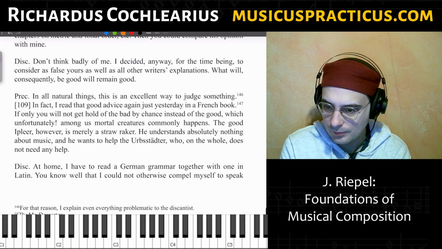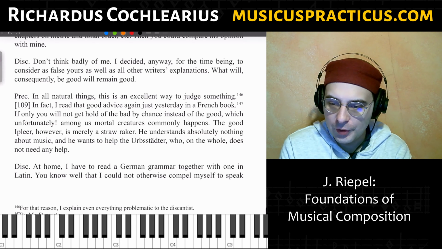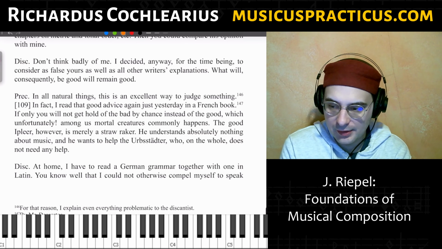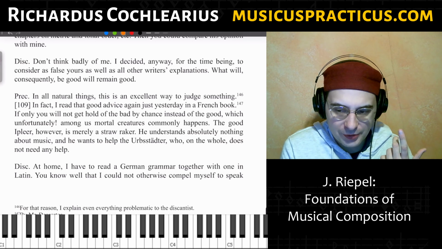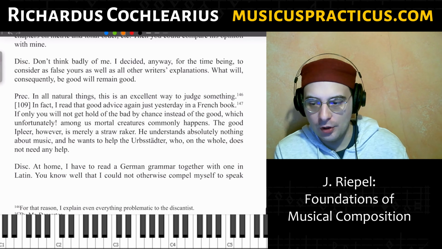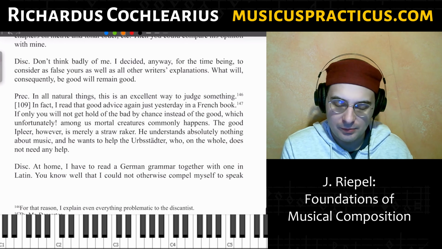Absolutely. Go ahead and read me the phrase. Okay. So the phrase is, if only you will not get hold of the bad by chance instead of the good, which unfortunately. What I don't understand is what to get hold of the bad means in English.